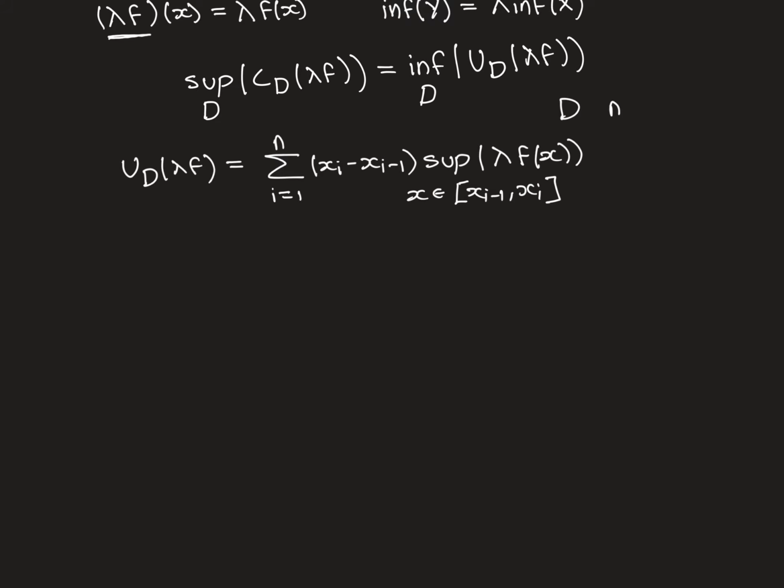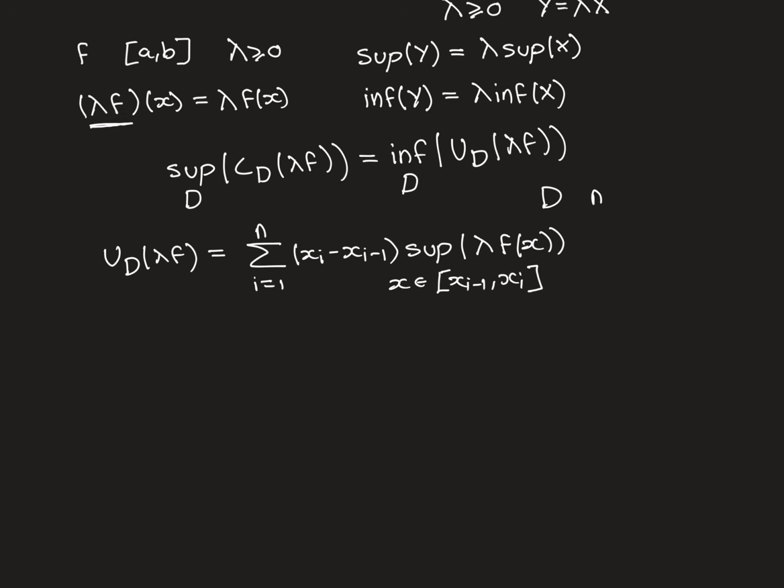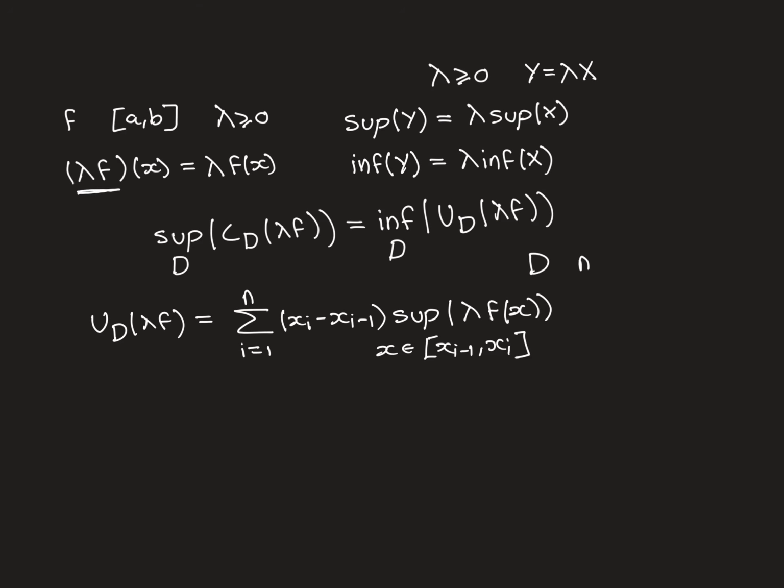Now, look at this supremum, look at this set. This is the set of all of these values, lambda times f of x, for x an element of this set. Now what we can do is apply our supremum result here.